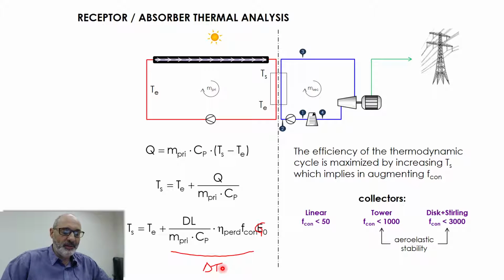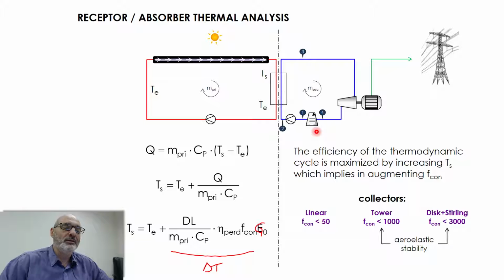It's as simple as this, but we have to take something into consideration here about TS. As I mentioned, the efficiency of the thermodynamic cycle is maximized by increasing TS, which implies augmenting the concentration factor and other things that we're not mentioning. First, why does increasing TS increase the efficiency of the thermodynamic cycle?